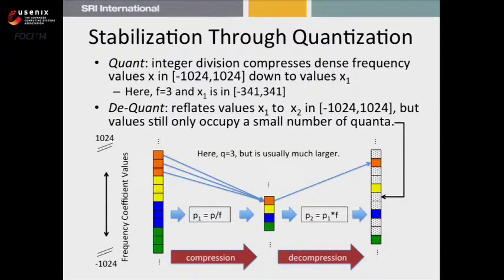Just to give you an idea of how the stabilization or error correction happens when you're quantizing, on the left there you see a dense distribution of frequency coefficients. The quantization will map those down to a much smaller set of values. So here, for example, we take the original frequency components you see on the left, and divide by some factor that reduces every 3 components down to 1 value.